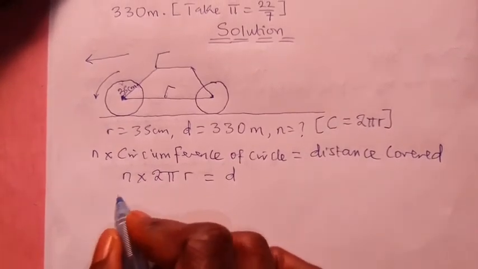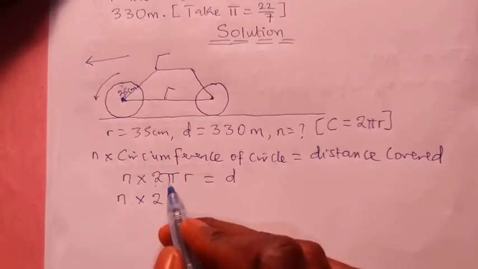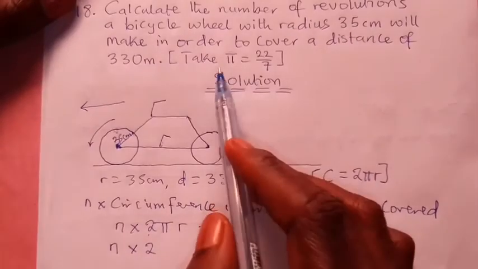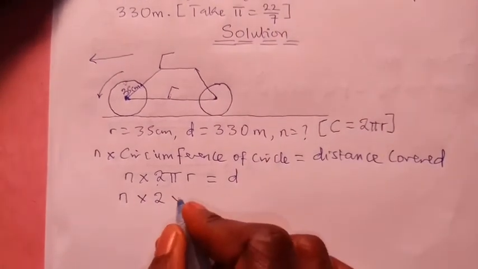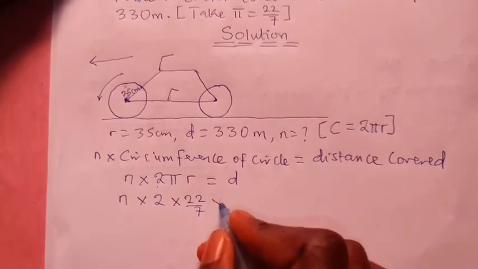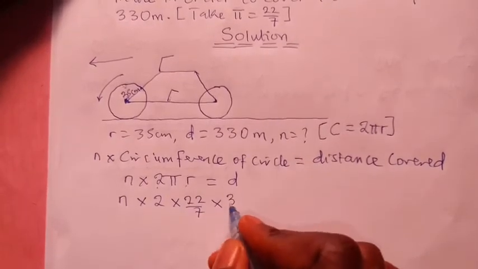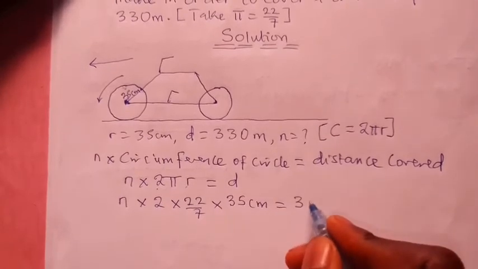So for our n, we retain it because that's what we're looking for. Then we write our 2. Then for the pi, if you check the question, pi is a constant and it is given as 22 upon 7. So here we are going to write multiply by 22 upon 7. Then multiply by the radius, which is 35 centimeter.